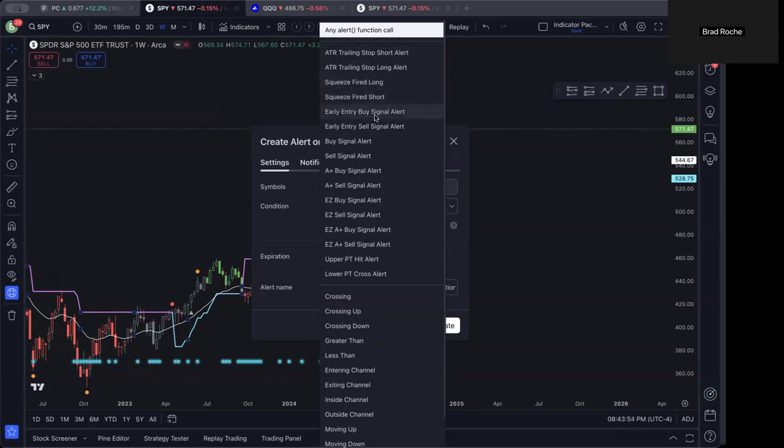You can set an alert based on early entry signals for a buy or sell signal, a regular buy signal, regular sell signal, an A plus signal, or a regular buy signal that is within the entry zone, which is a good risk to reward entry. You have both of those. Maybe you just want A plus signals that are within the entry zone. There it is: the highest probability, highest risk to reward trades that the system offers.